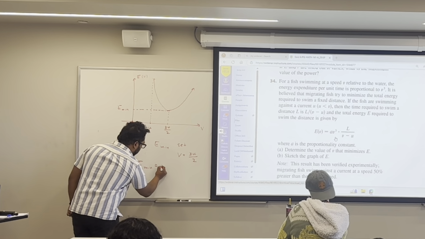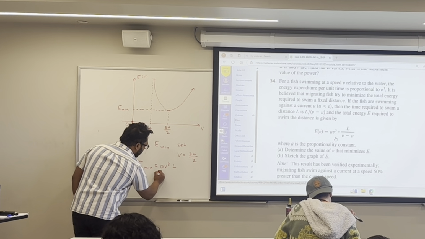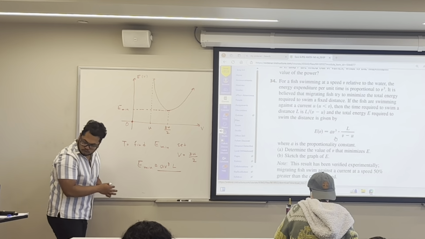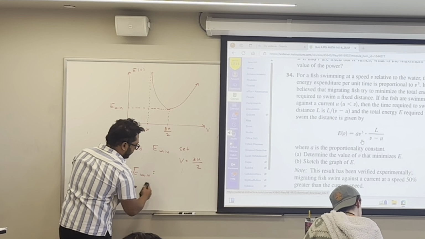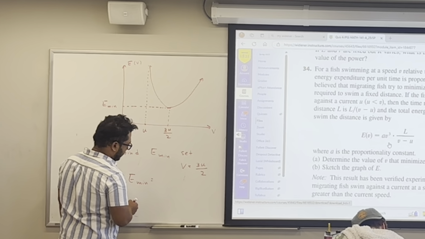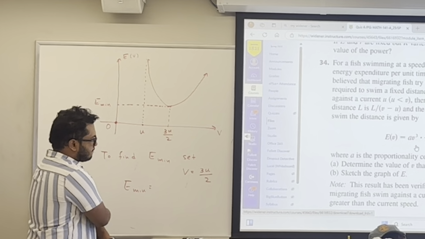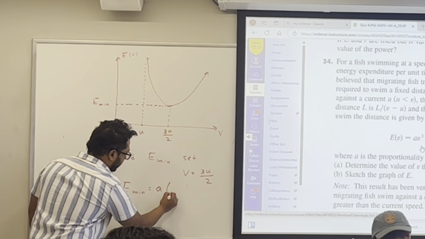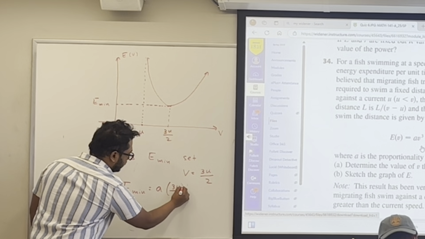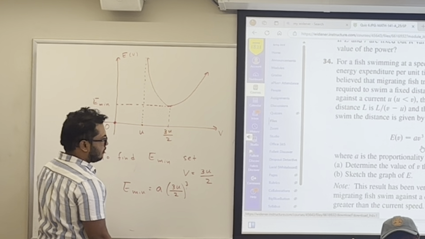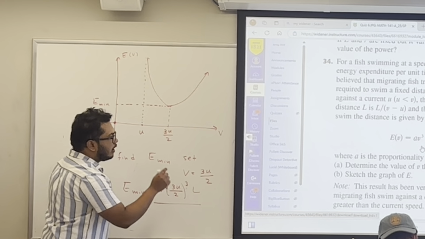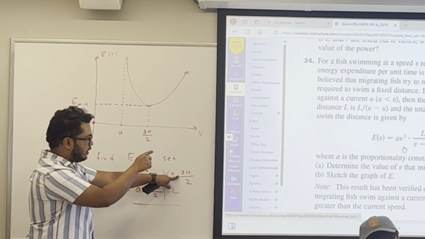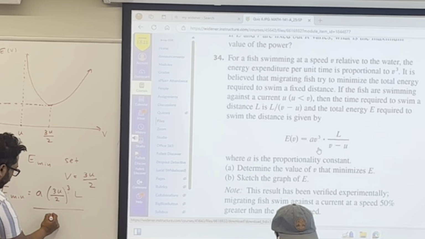So we have A V cubed L. I want to plug in V as 3U over 2: A times 3U over 2 cubed times L over V minus U. V minus U means you subtract U from this, which is U over 2.